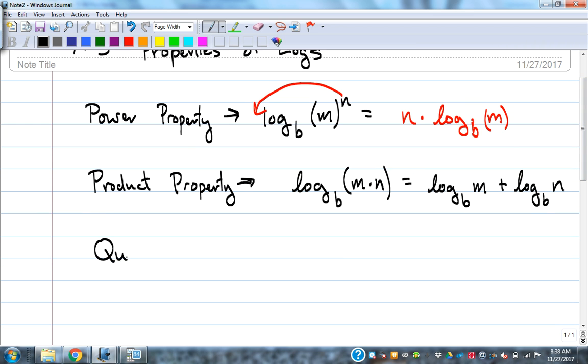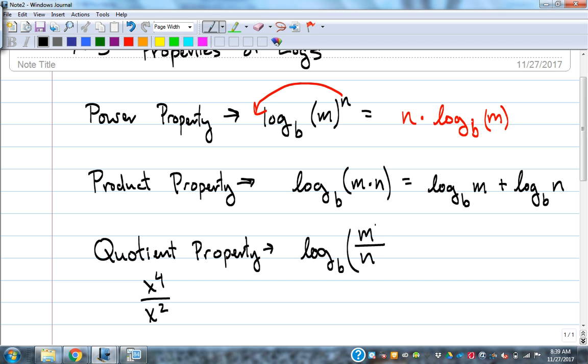Get the quotient property. What's quotient in math? Division. And when you divide x to the fourth divided by x squared, what do you do with the exponents? You subtract them. So the log property, if you have two things divided inside of a log, then you can turn that into a subtraction problem.